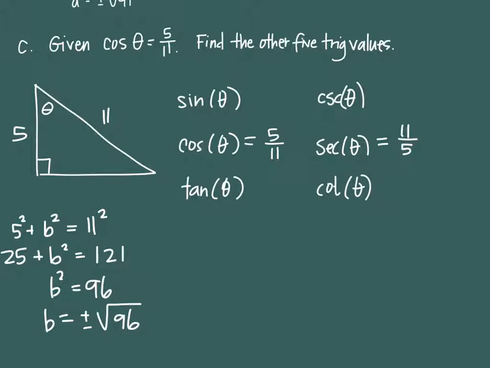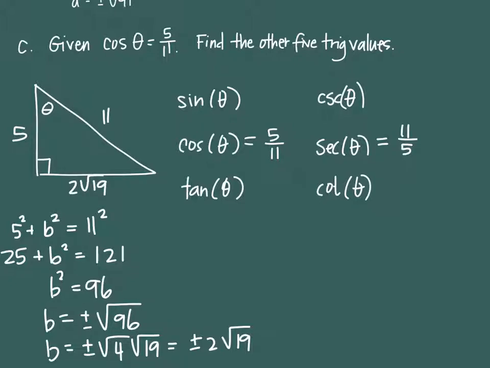Now here's one that can be simplified. 96 has a perfect square in it. It's square root 4 and square root 24, and that's 2 square root 24. This is going to be the positive one again, so 2 square root 24 is going to be the bottom.